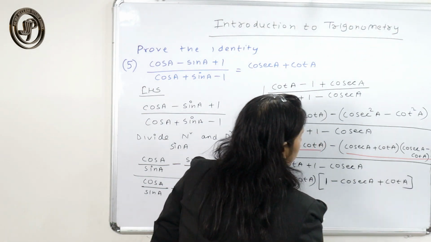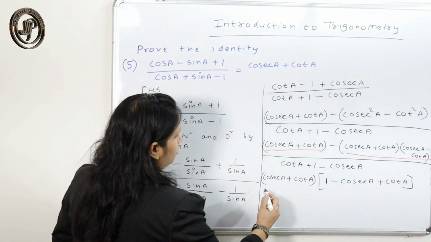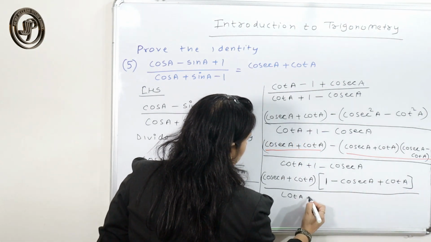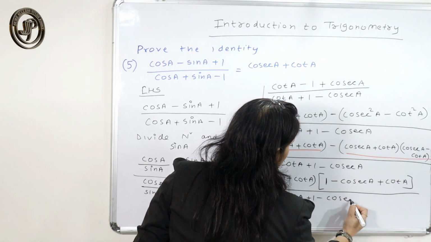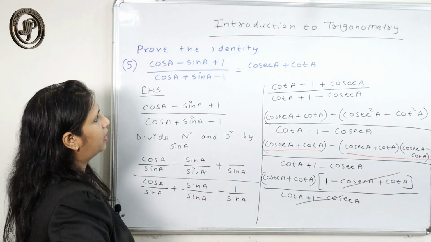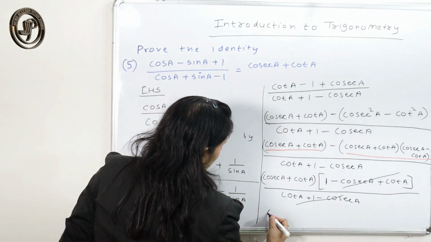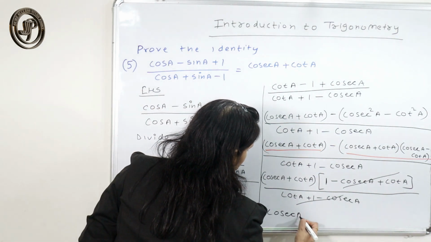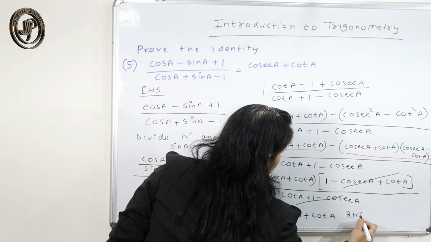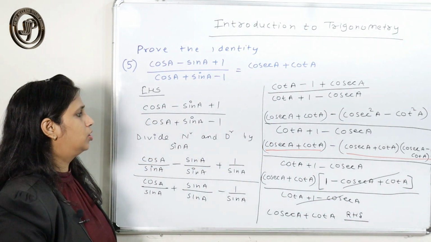Upon, in the denominator it is cot A plus 1 minus cosec A. Now this and this will cancel out. So now I am left with only cosec A plus cot A, which is my RHS that I need to prove.